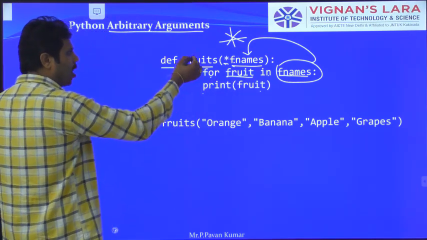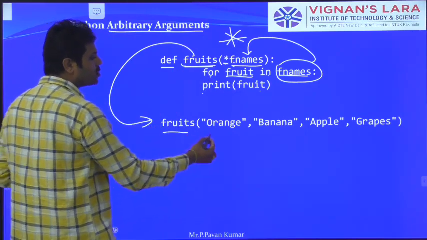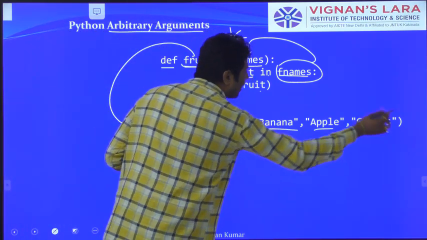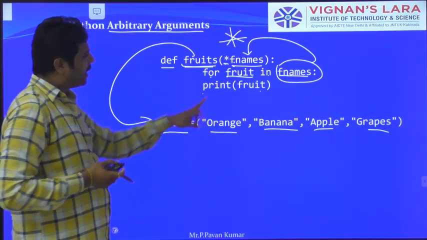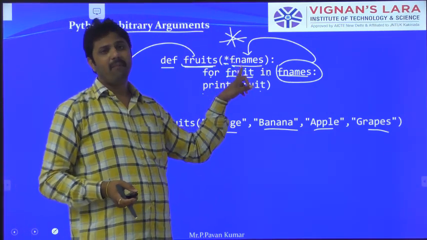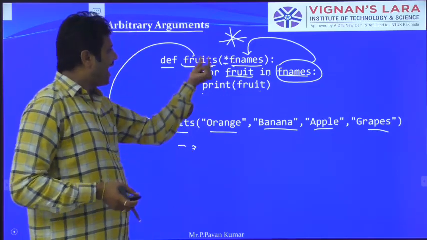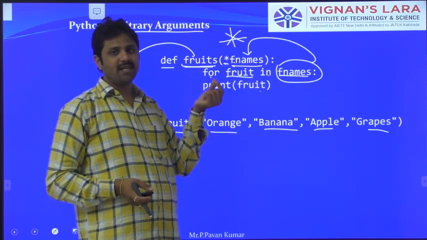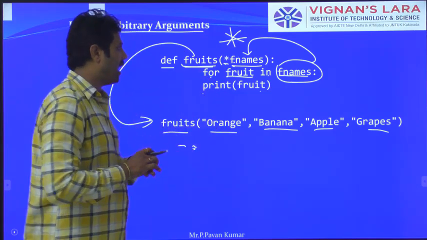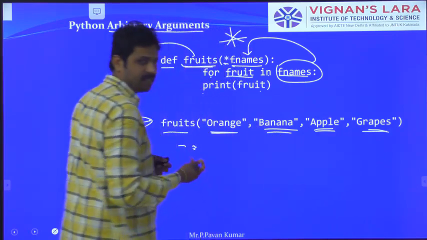I am just calling this function fruits, and I pass orange, banana, apple and grapes. But here observe, I have a single parameter in the function, but with the help of the star we can pass multiple inputs. With the help of the star, you can pass multiple arguments.